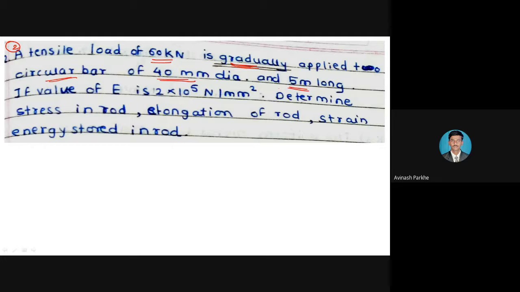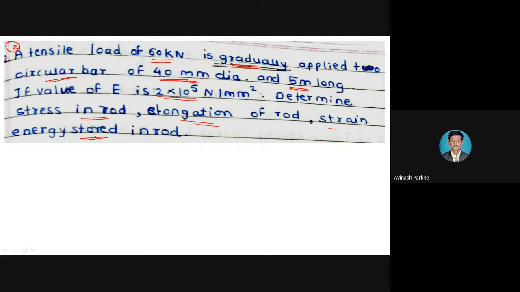If the value of E is equal to 2 into 10 raised to 5 Newton per mm square, determine the stress in the rod, elongation of rod, and strain energy stored in the rod.